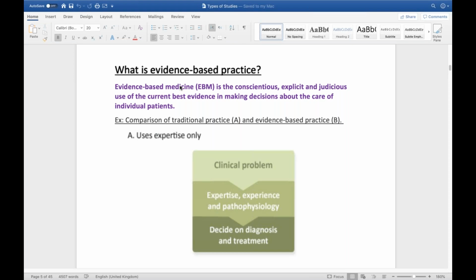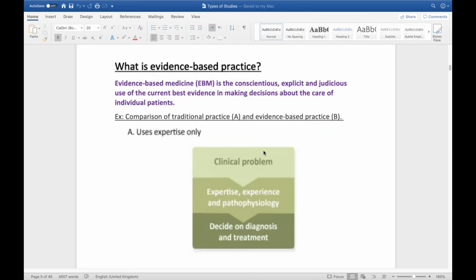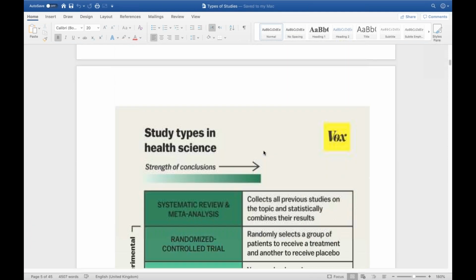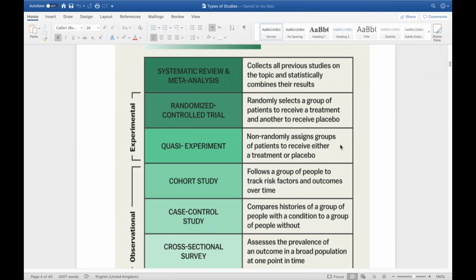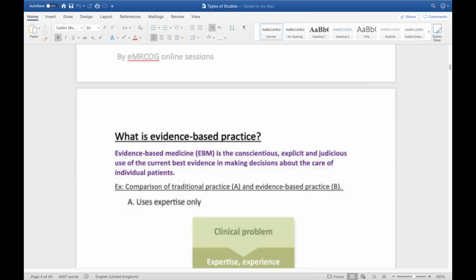But anyway, just to make things easier to understand, basically, evidence-based medicine has 3 components. It is to incorporate the outcome of all these studies into your clinical practice.